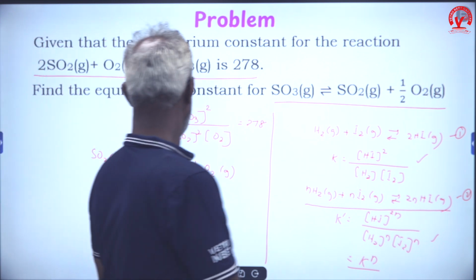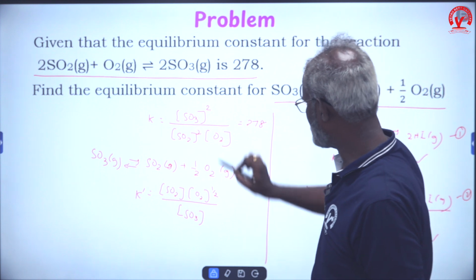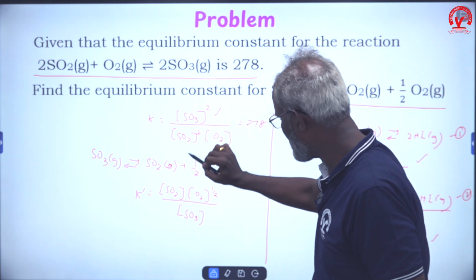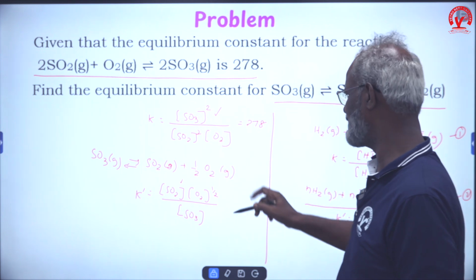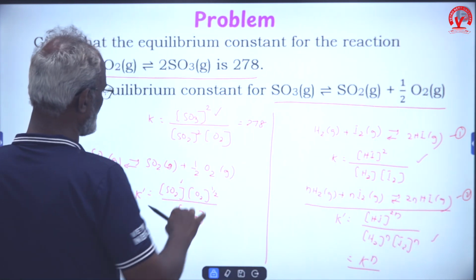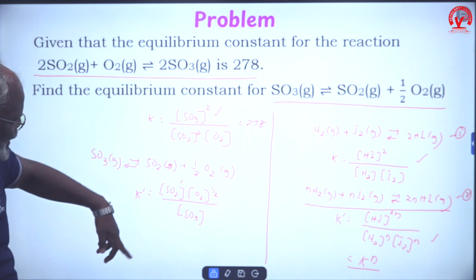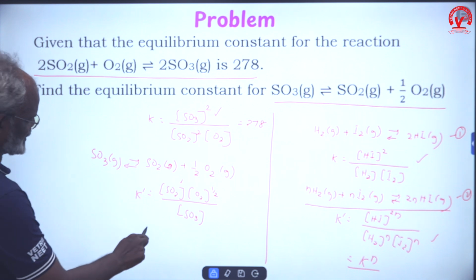Right, this is K dash. Now you compare these two. What has happened? This SO3 is in the numerator, here it is in the denominator. SO2 is in the denominator, here it is in the numerator. Therefore, first we must know that it is a reciprocal of K, right? So it is 1 by K first.